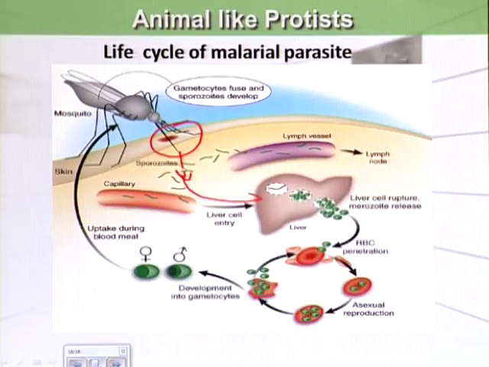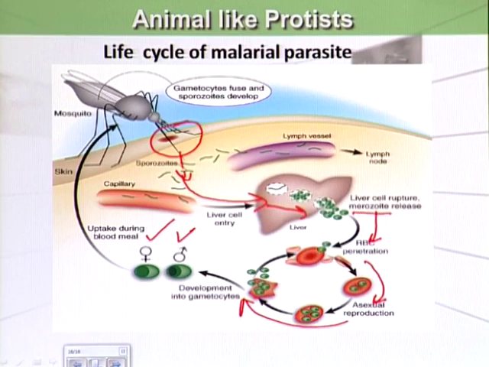They are then taken to the liver cells, where they divide to form merozoites, and these merozoites then penetrate the RBCs or red blood cells of the human, and by the process of asexual reproduction, various gametocytes are produced. These gametocytes are then again taken up by mosquitoes, which are carriers of this disease, malaria, and subsequently it causes disease in another organism.